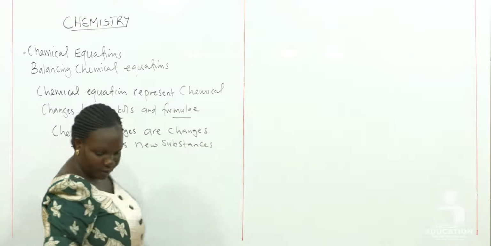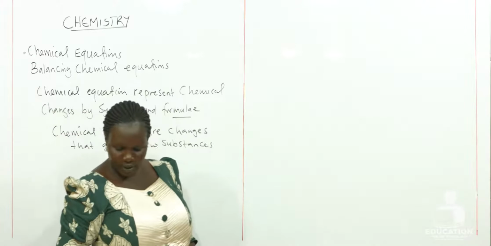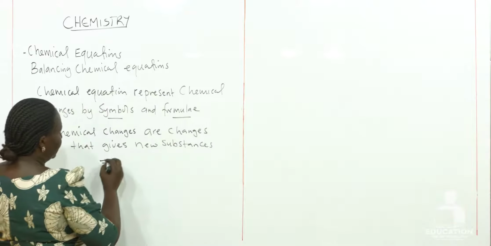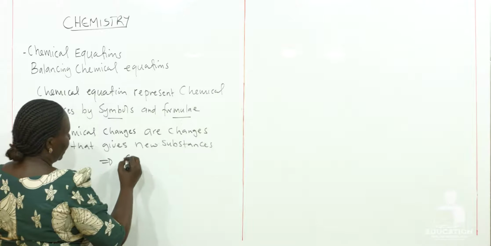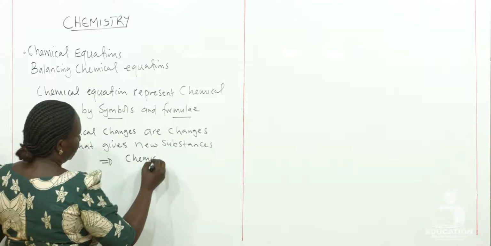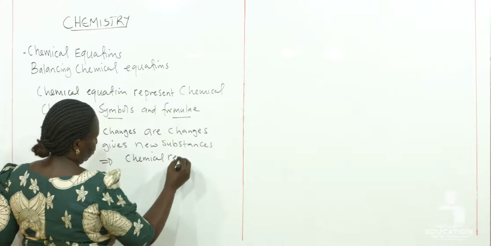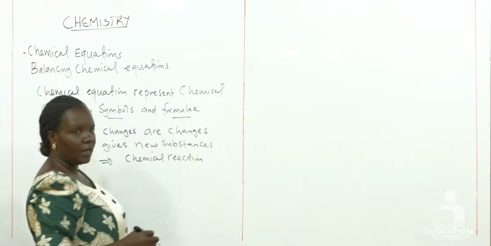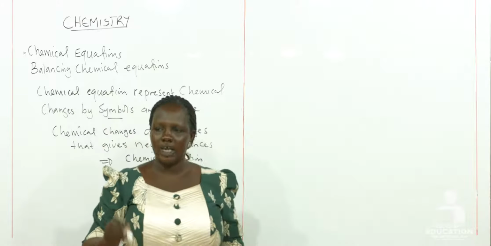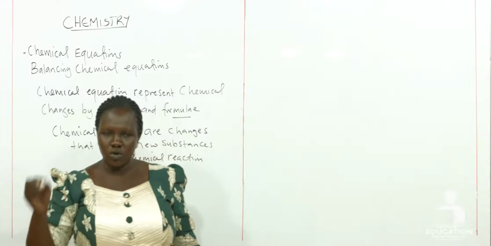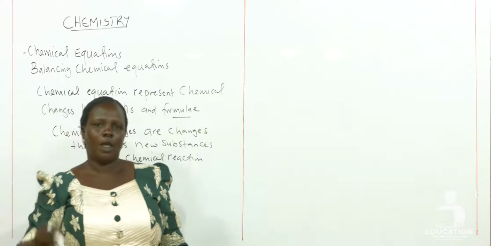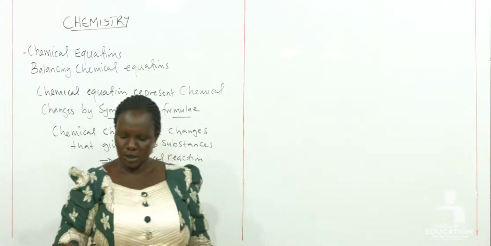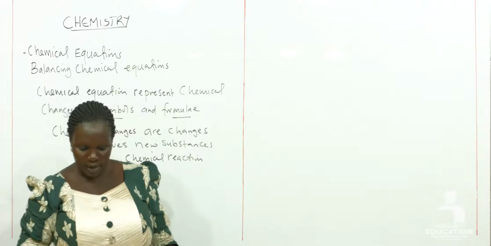Chemical changes are changes that give new substances, and these chemical changes are usually called chemical reactions. Again, chemical changes are changes that usually lead to new substances, and simply a chemical change can be called a chemical reaction.